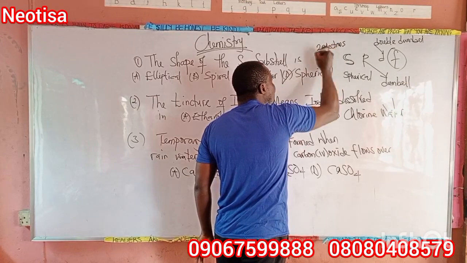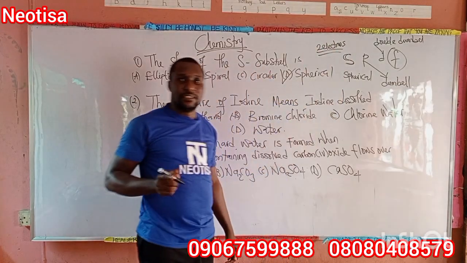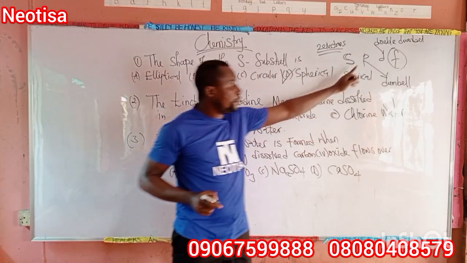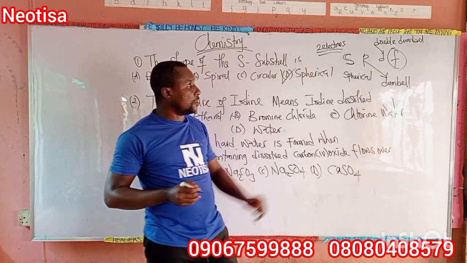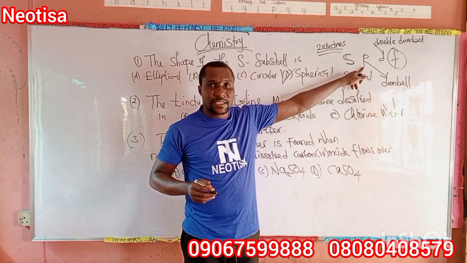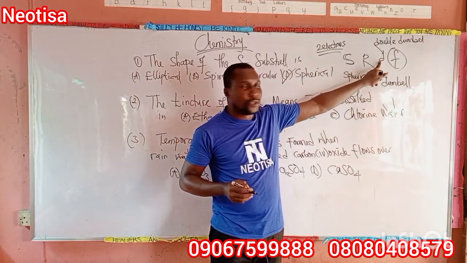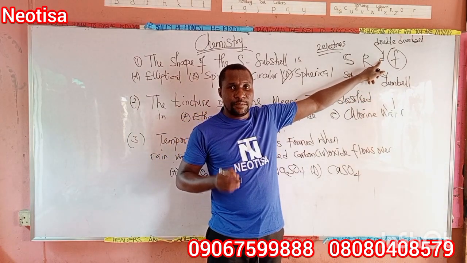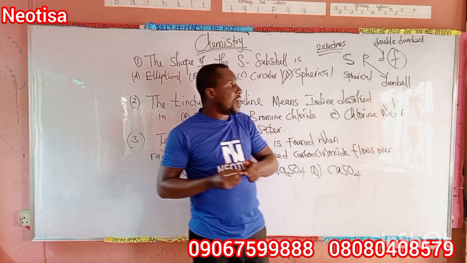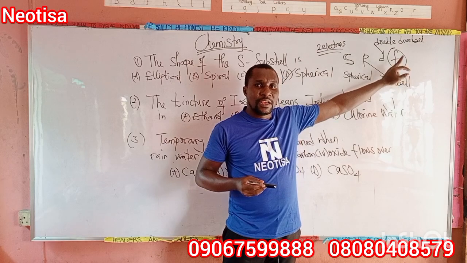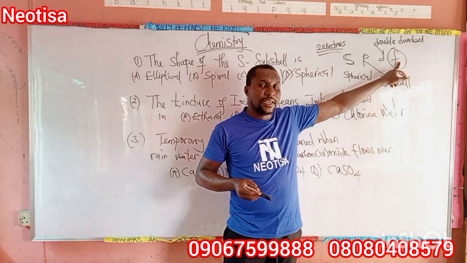In P subshell, 6 electrons. In D subshell, 10 electrons. While in F subshell, you can find 14 electrons.